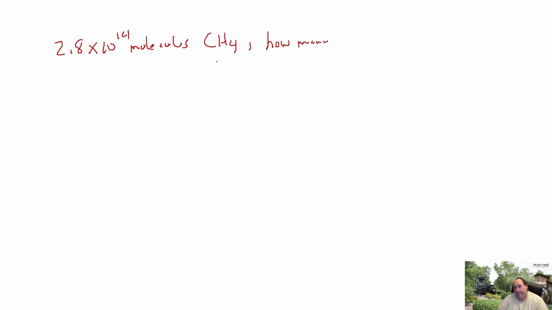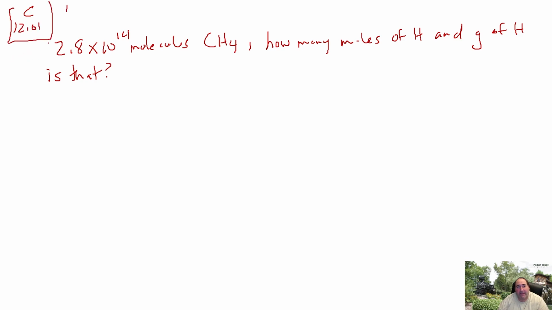How many moles of hydrogen and grams of hydrogen is that? I will do it as well since I just made it up. Carbon, once again, is 12.01 in the periodic table, and hydrogen is 1.008.